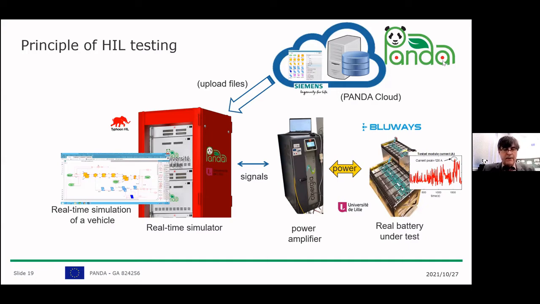In this real-time simulation, we will simulate the complete vehicle in real time, and this simulation will send information signals to a power amplifier which will deliver power to the tested battery from Blueway. And the objective is that the battery believes it is really connected to the real vehicle. So we can test the battery as it is in a vehicle.